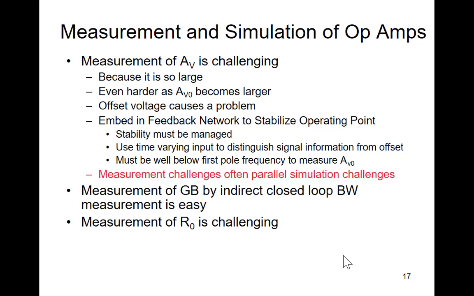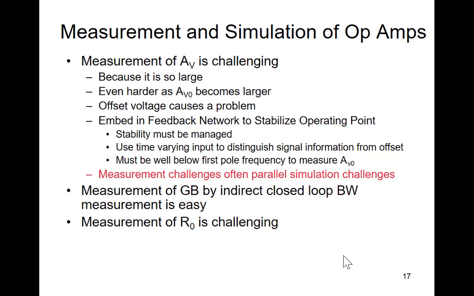Does that make sense? So if you have a circuit that has a certain output impedance, an easy way to measure the output impedance is to put a load on here and measure an open circuit. So you have VOC, which is this voltage here, and then Vx is equal to RL over RL plus R out times VOC.